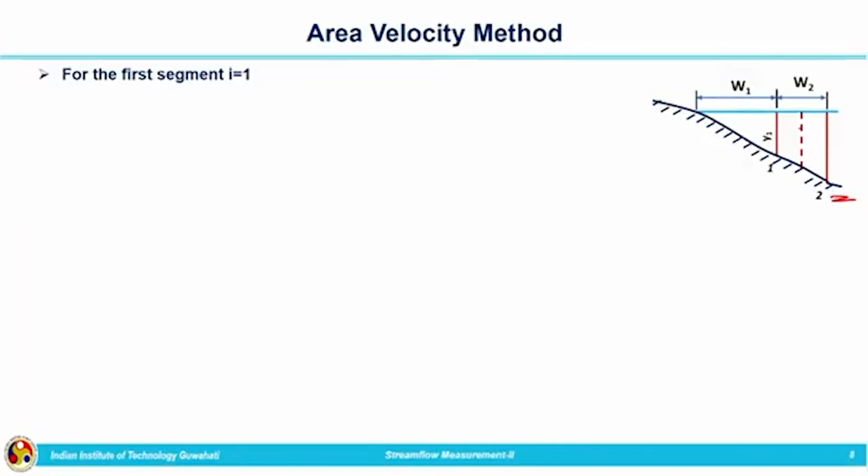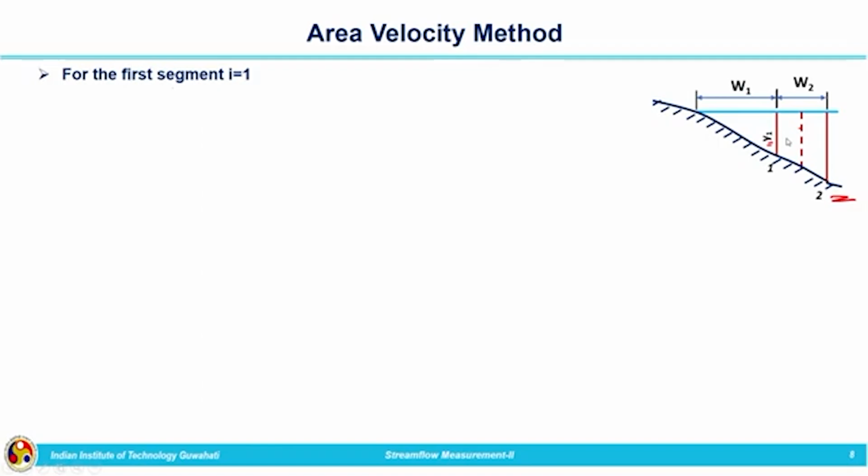So, how can we get the area corresponding to these two segments? When we talk about the first segment, i equal to 1, the area which we need is given by this hatched area. In this figure, you have the depth at section 1, that is Y1.